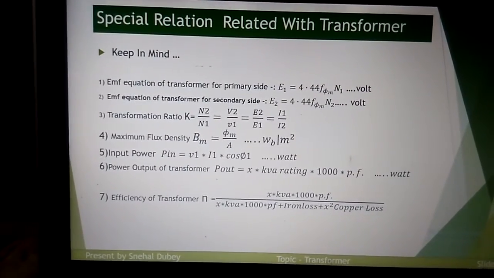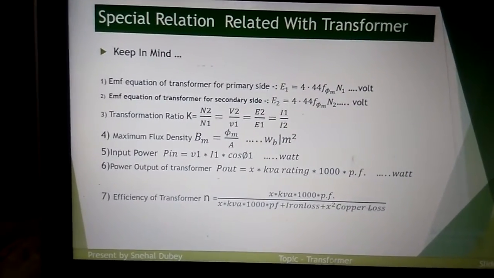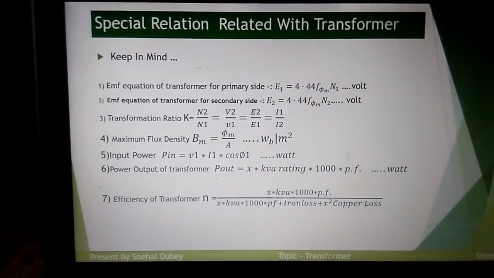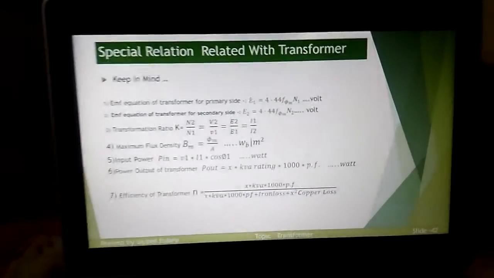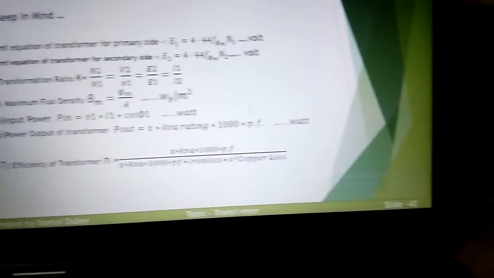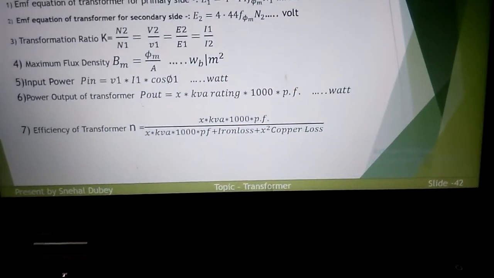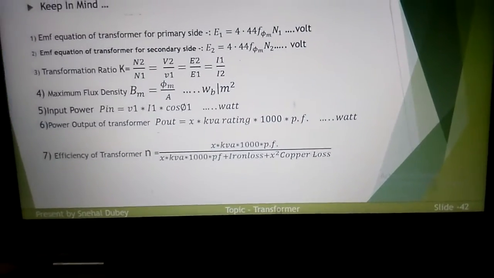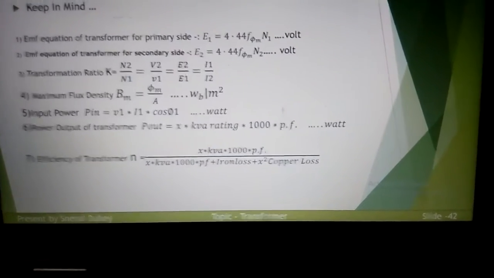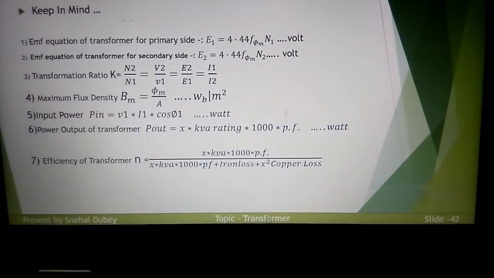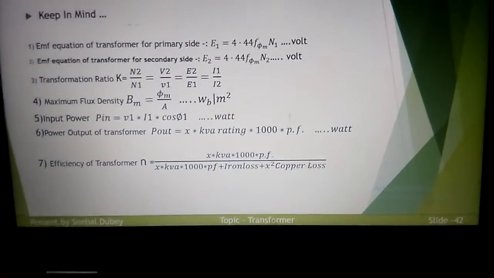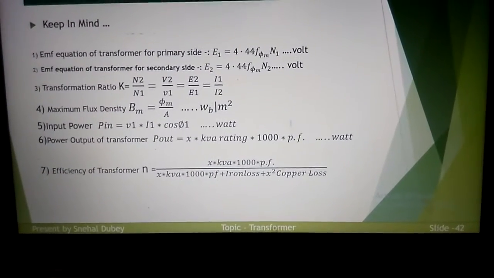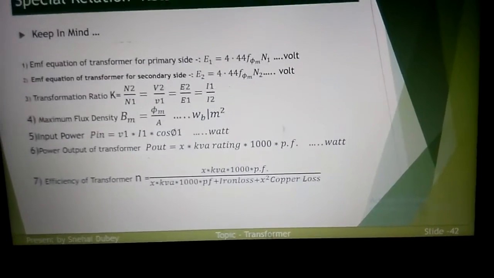Two types of losses, iron loss plus X square into copper loss, because in my previous video I spoke about how the copper loss depends on the value of current or the value of load. So X is the load component of transformer. The output of the transformer depends on the load component, and the copper loss occurring in the transformer also depends on the load component.